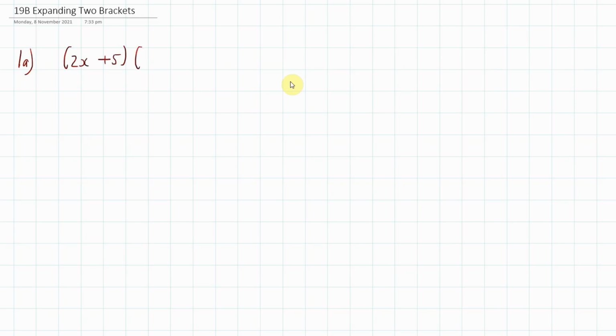and multiply that by x plus 4, and we can consider this by drawing a diagram. Just imagine it's something like this, okay? And we can say, look, this is along here 2x, and this bit from here to the end is, say, 5.